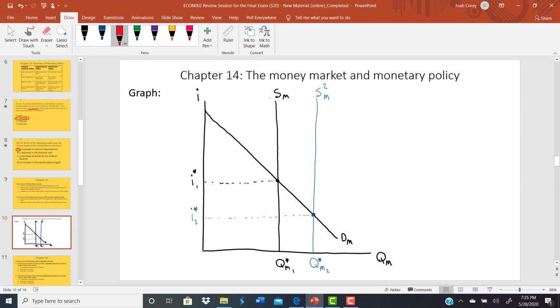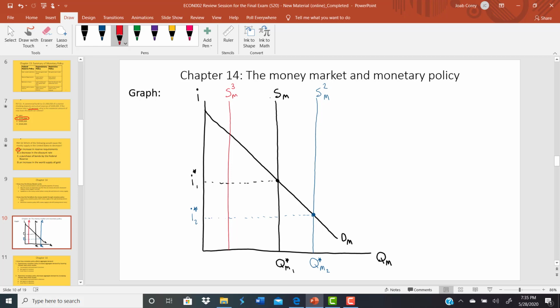Now, if we wanted to use restrictive monetary policy, again, that could mean selling bonds, raising the discount rate, raising those reserve requirements, or raising the interest that they're paying on excess reserves deposited with them there at the Fed. Any of those is going to decrease the money supply, and a decrease is always a shift to the left. Call that S subscript M3.